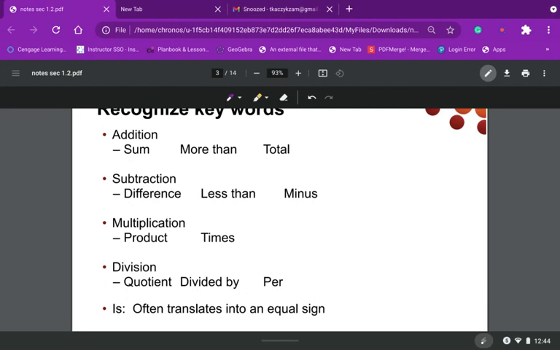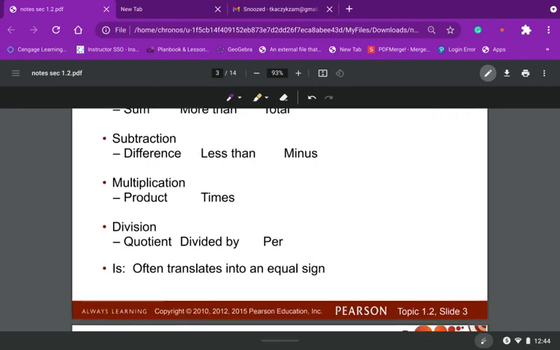Multiplication: that's the product or times. Division: quotient, divide by, or per, those three words describe division, which we can just put as the fraction bar. And the word is stands most of the time for the equal sign.